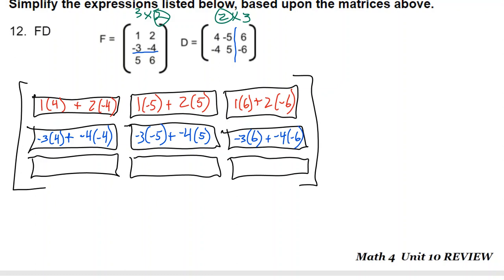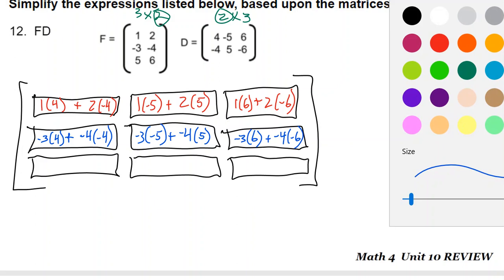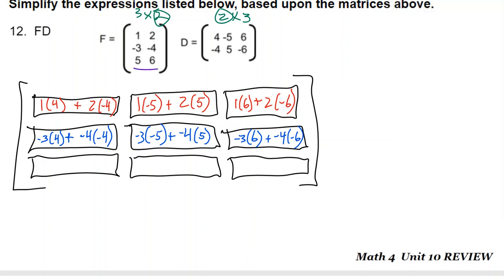And then we'll move on to the very last row. First column, 5 times 4, 6 times negative 4. We'll go to the middle column, 5 times negative 5, plus 6 times 5, and then 5 times 6, and 6 times negative 6.